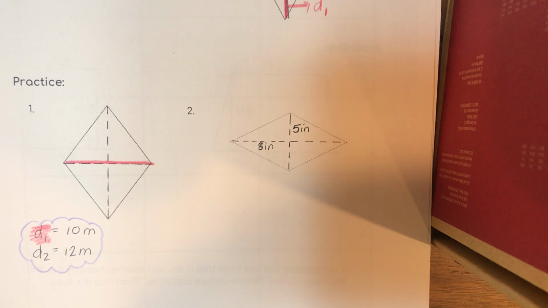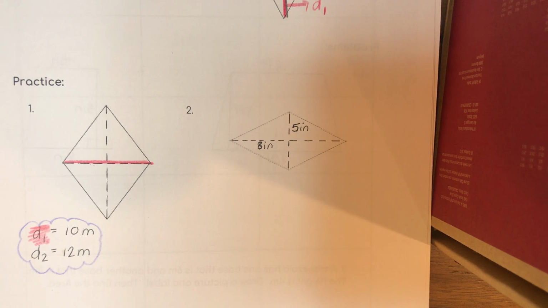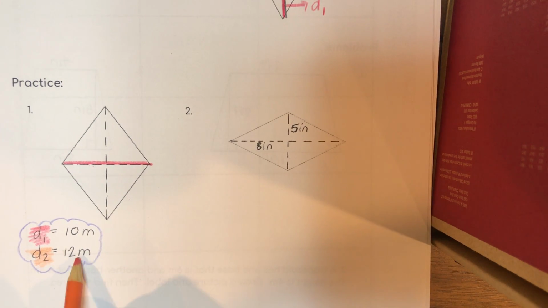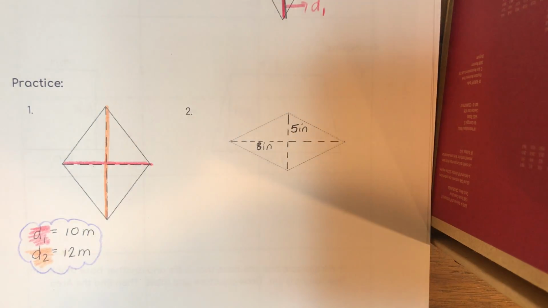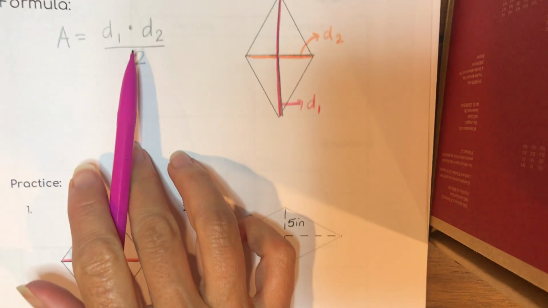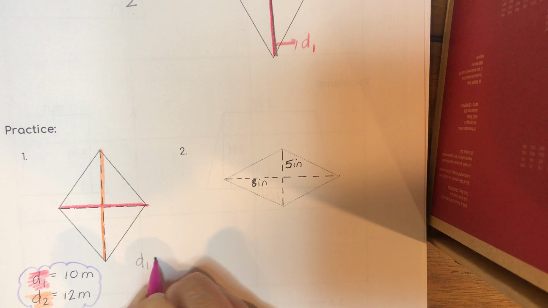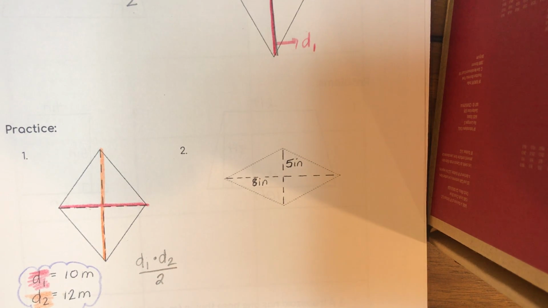There's diagonal 1, and the whole length they're telling us is 10 meters. Diagonal 2, they're telling us is 12. Here's diagonal 2, and the whole length is 12. Following the formula, diagonal 1 times diagonal 2 divided by 2 gives me my area.